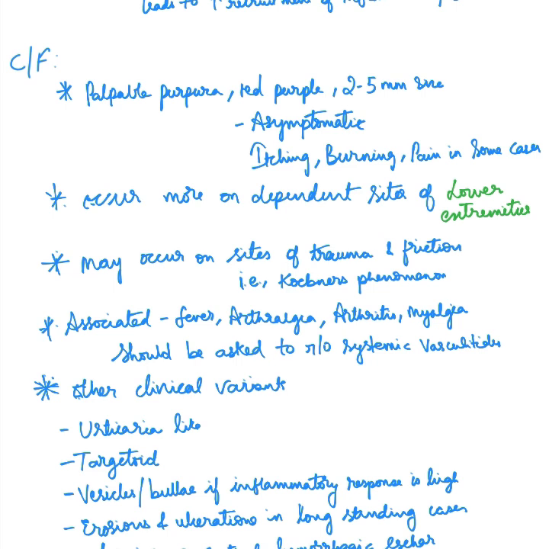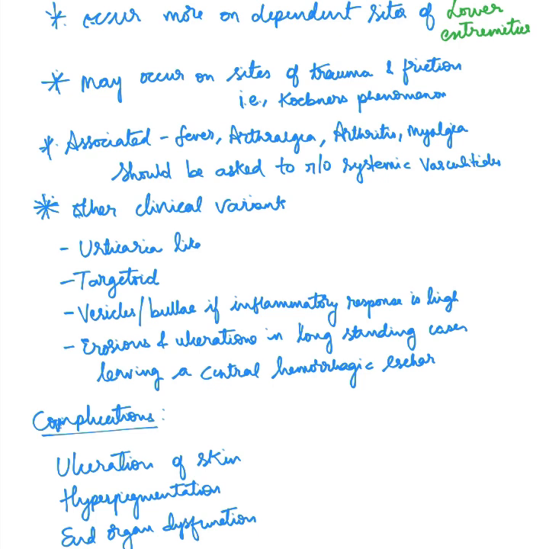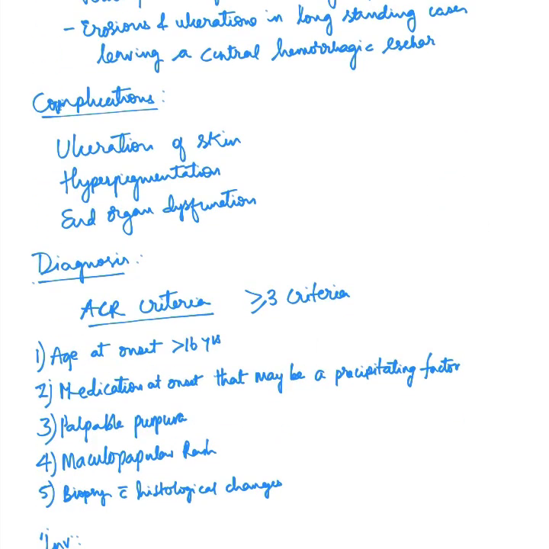We have to ask for any associated fever, arthralgia, arthritis and myalgia, because in that case it suggests systemic involvement, and most likely it might not be cutaneous small vessel vasculitis but something else. Other clinical variants include urticaria-like lesions, targetoid lesions, vesicles and bullae if the inflammatory response is high, and erosions and ulcerations in long-standing cases which leave a central hemorrhagic scar. Complications include ulceration of skin, post-inflammatory hyperpigmentation and, in rare cases, end organ dysfunction.